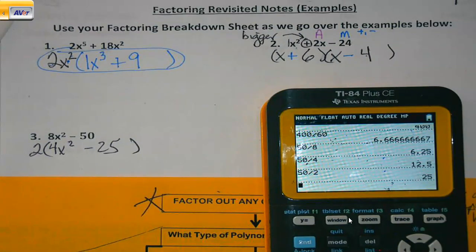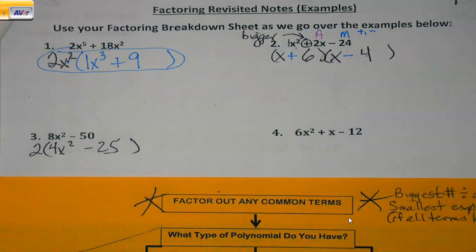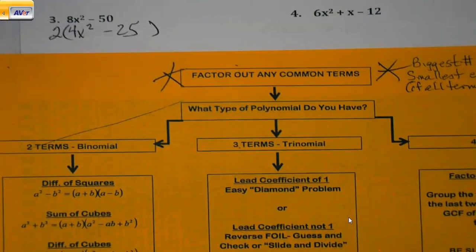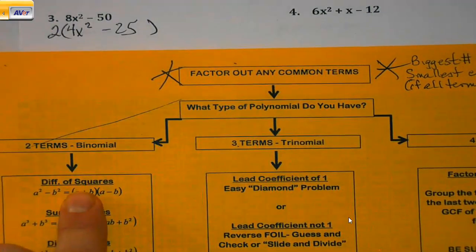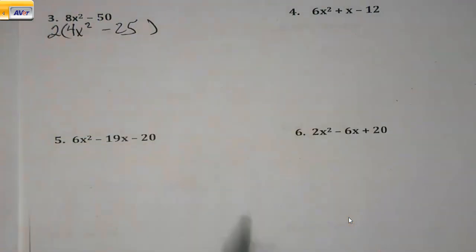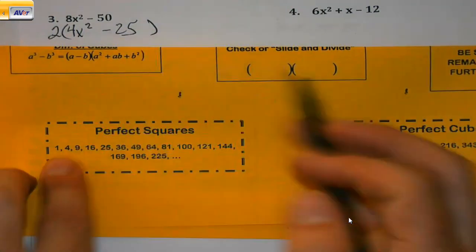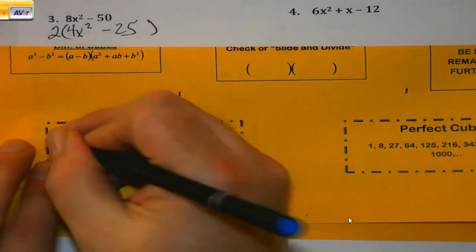Because the other part of this that I have to keep straight is when I've only got 2 terms, there's a distinct possibility that this could be a difference of squares. Again, how do I know? Well, if I'm not sure, if both numbers I see here are in the list, oh, they are.